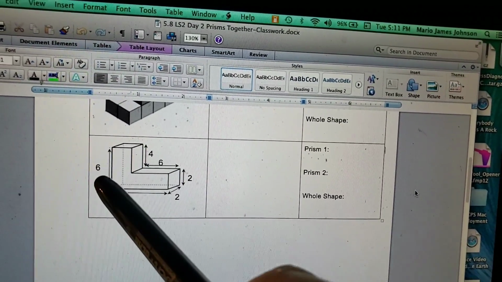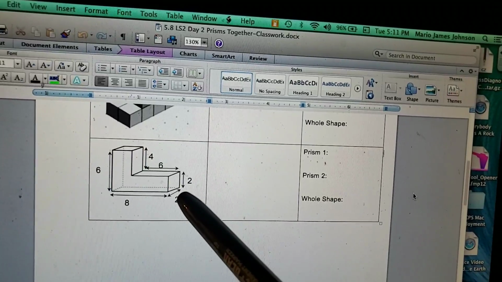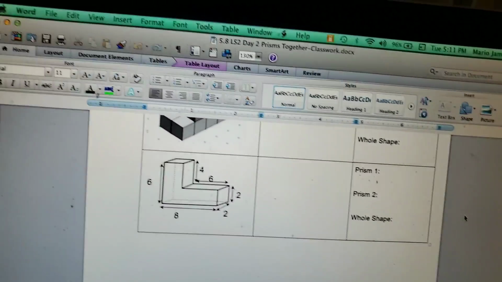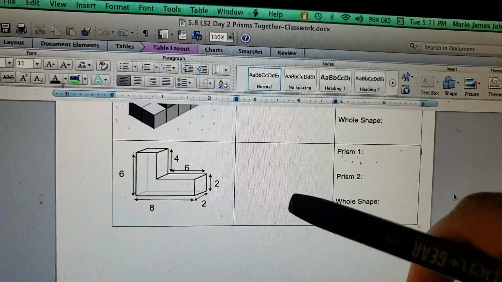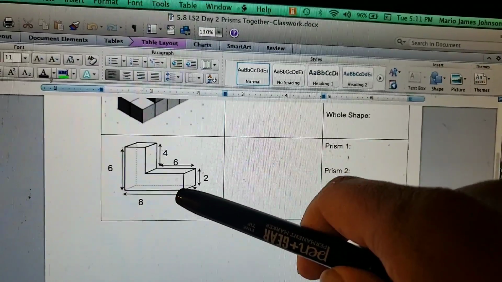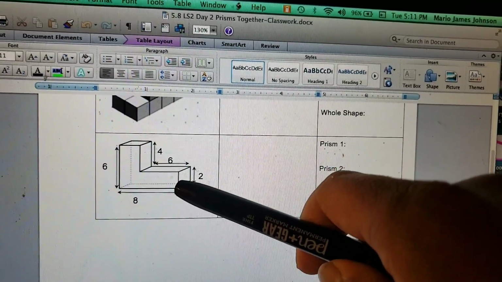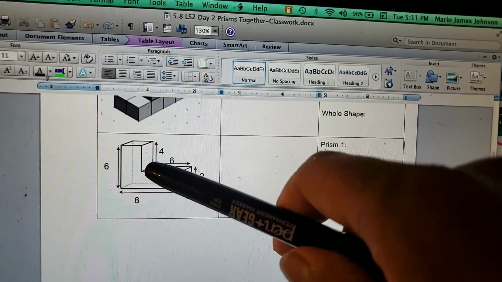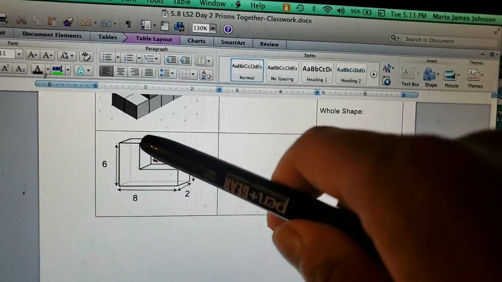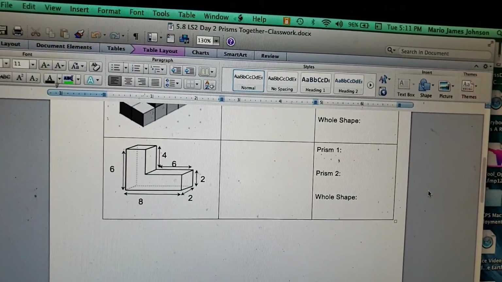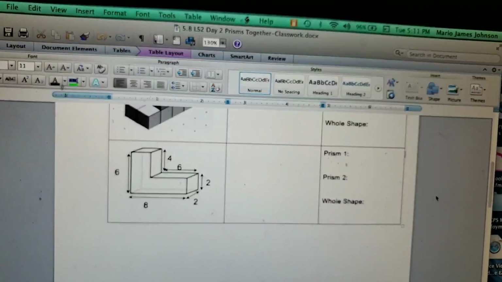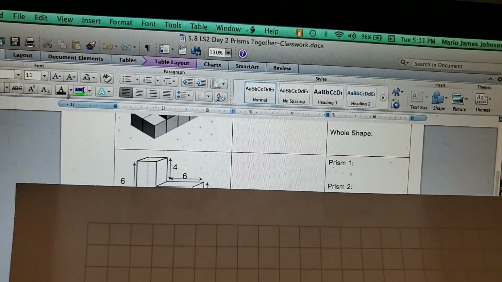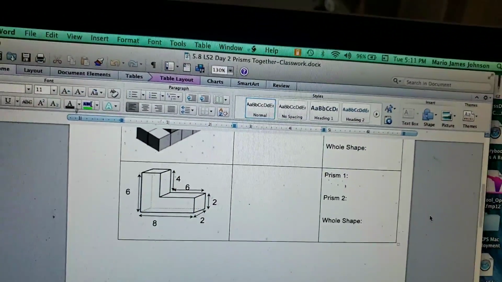It doesn't give a particular size. But from here to here, from top to bottom, is only 2 centimeters. But from here to this side is 6 centimeters. So what do you think the size would be from here to here? You might even notice it on the paper. That gives you an idea of the size of what this prism is going to be.